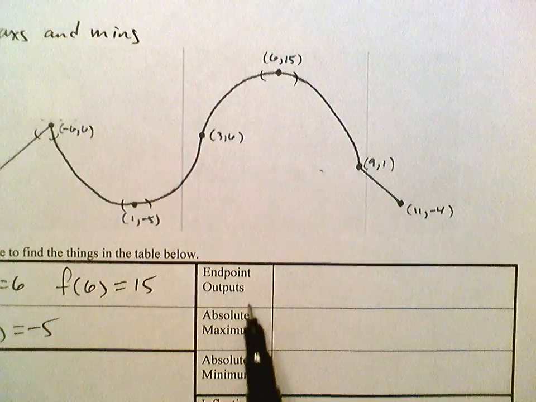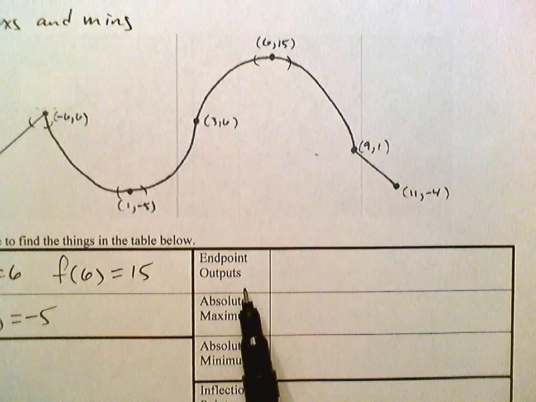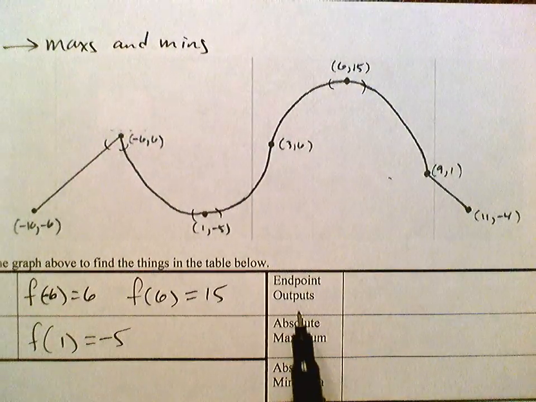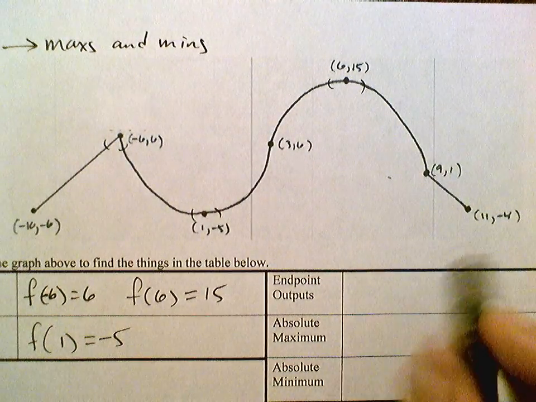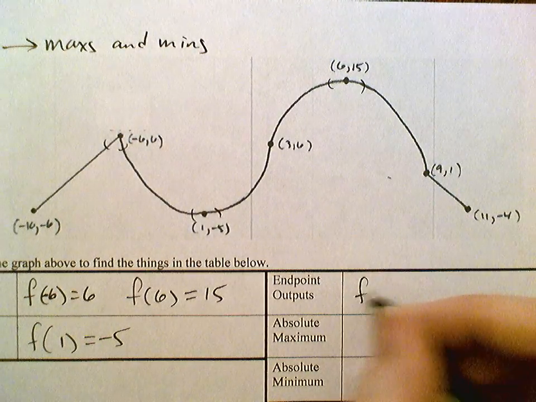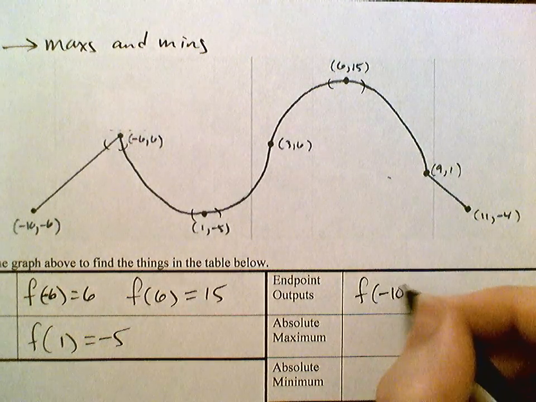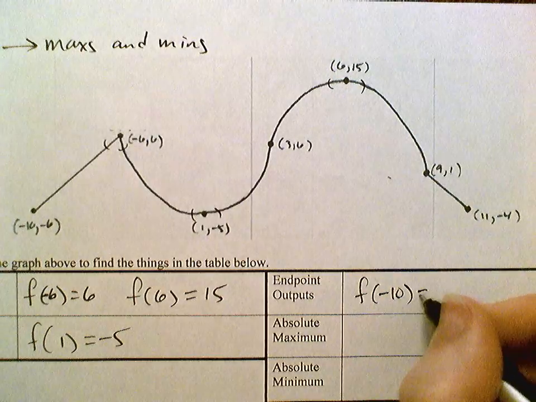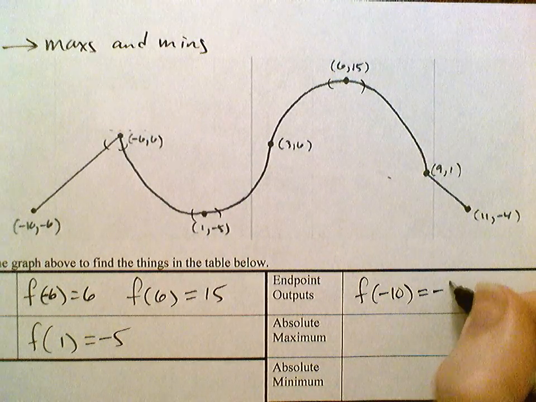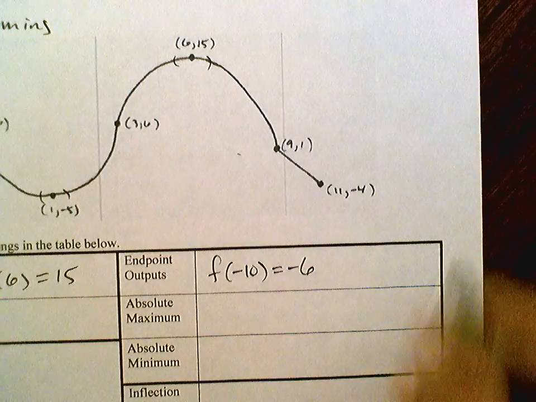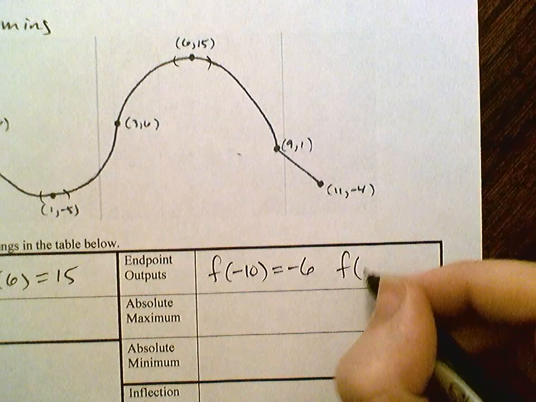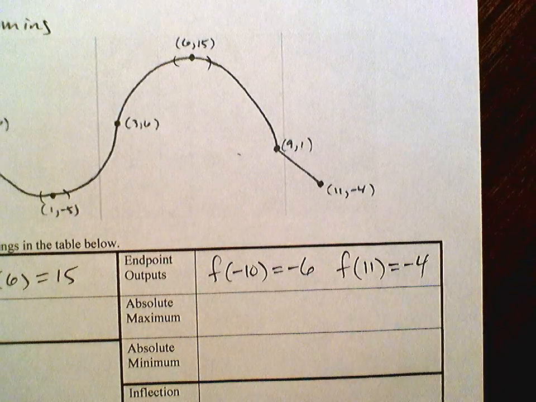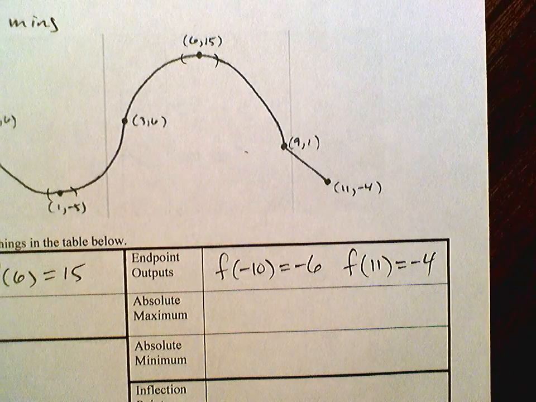Now, and I'll tell you why I'm asking this in a moment, but endpoint output. So we've got two endpoints to this graph, and here we're going to say their outputs. So the leftmost endpoint has an output at the x value negative 10 of negative 6. And the right endpoint, f of 11, has an output of negative 4.